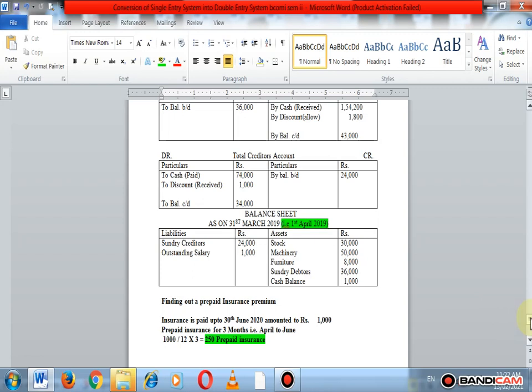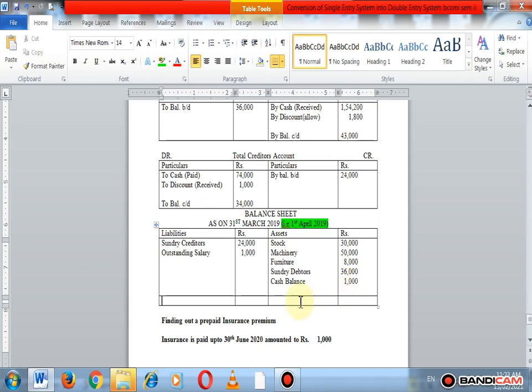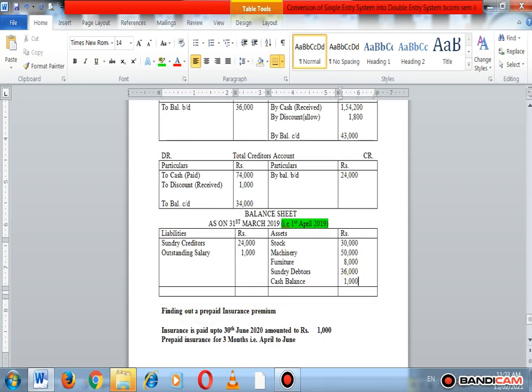So here to close the opening balance sheet and find out the opening capital, the asset side is more, that is 30,000, 50,000, 36,000, 8,000 and 100, amounted to rupees 1,25,000. Put this total on a liability side, 1,25,000, and find out the missing figure, that is capital.